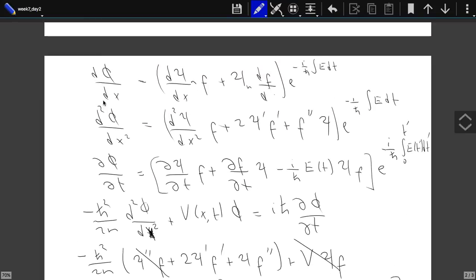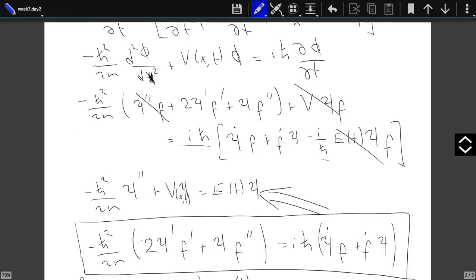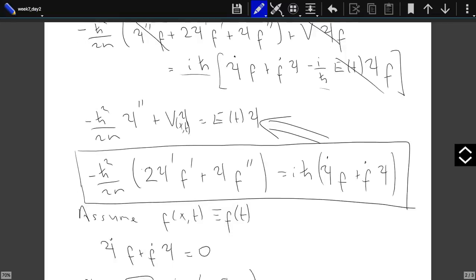The exponent doesn't depend on x, so the exponent doesn't influence the x derivatives, only the time derivatives. So that's kind of it. And then we have this differential equation over here. And psi double prime, and this psi cancels this e. So we are left with this equation.